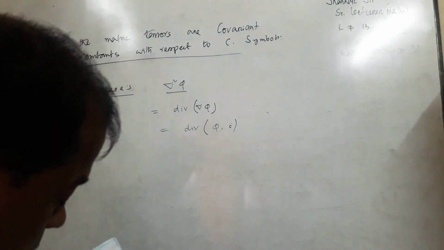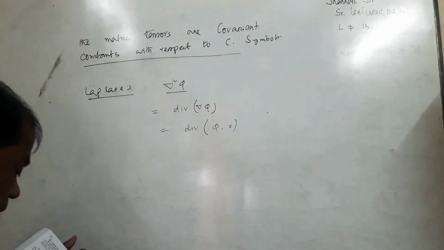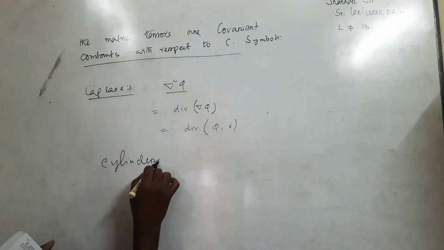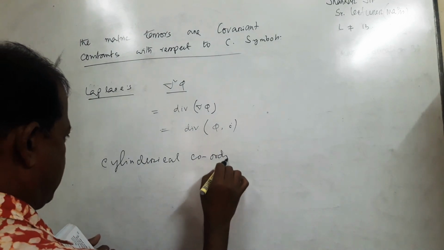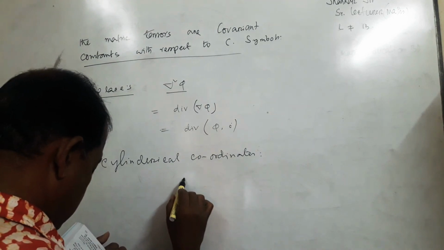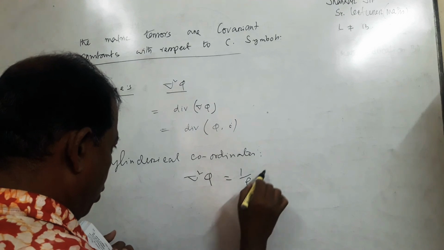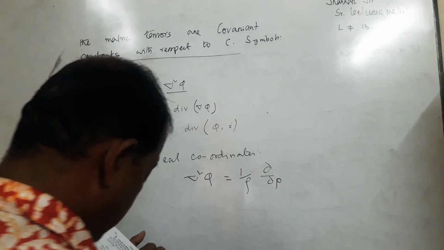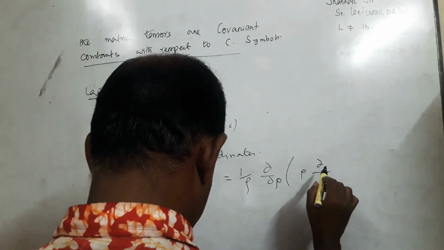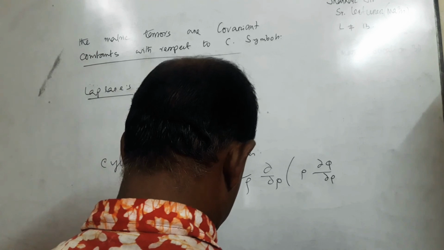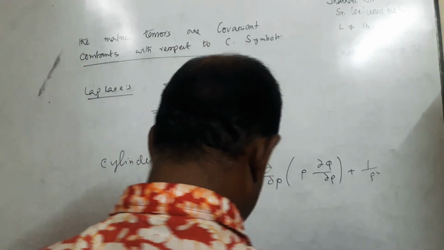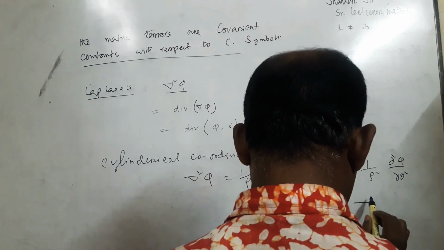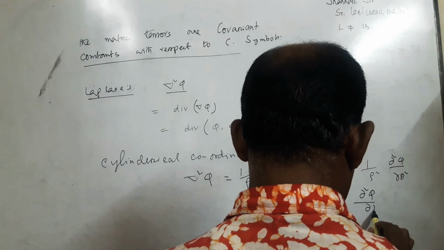In cylindrical coordinates, the Laplacian of phi is del square phi equals 1 by rho del by del rho of rho del phi by del rho, plus 1 by rho square del square phi by del theta square, plus del square phi by del z square.